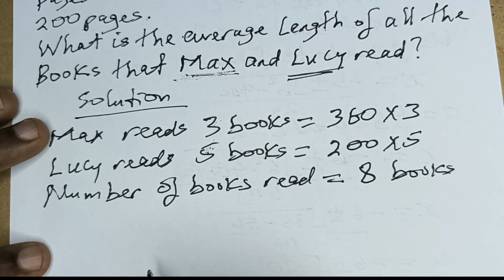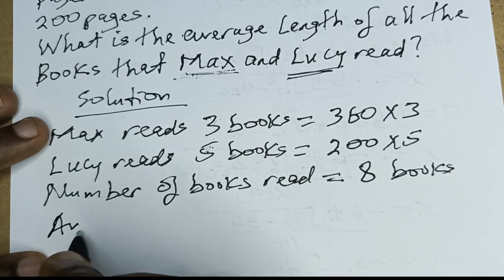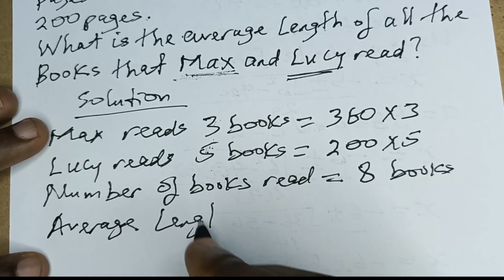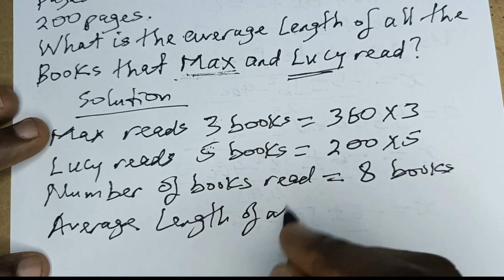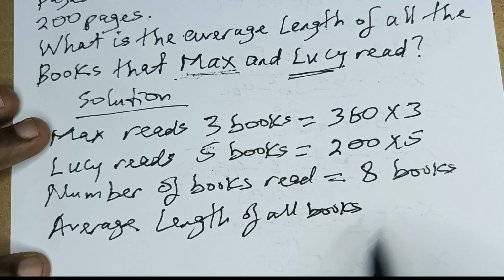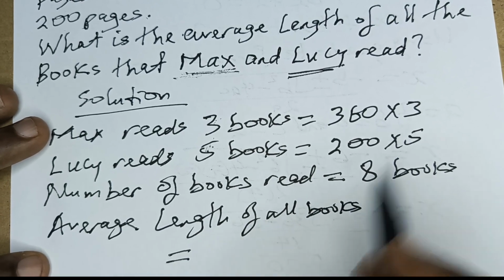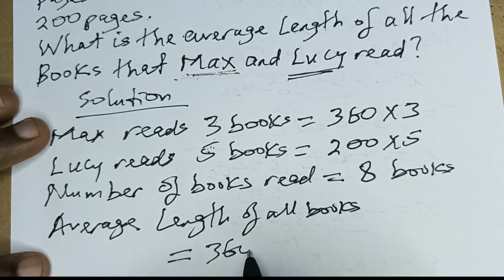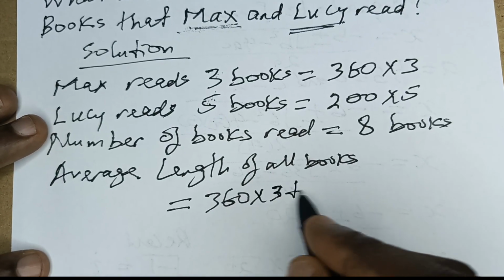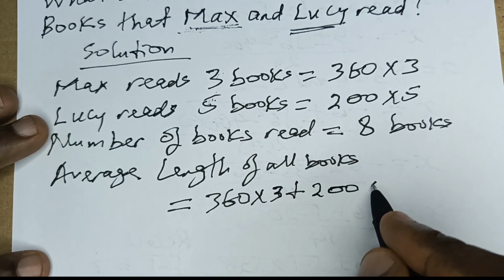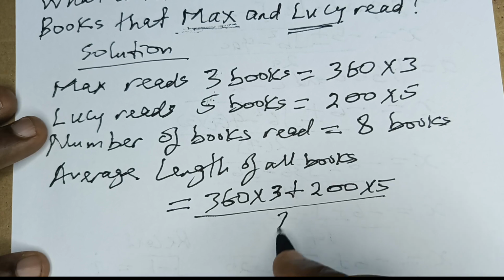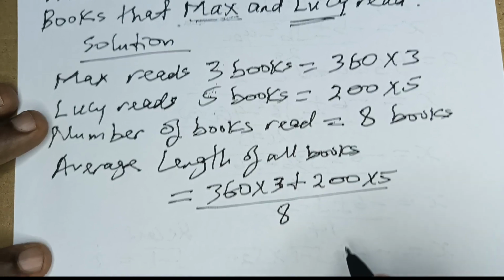To calculate the average length now, the average length of all books will be equal to 360 times 3 plus 200 times 5, all over the number of books, that's 8.